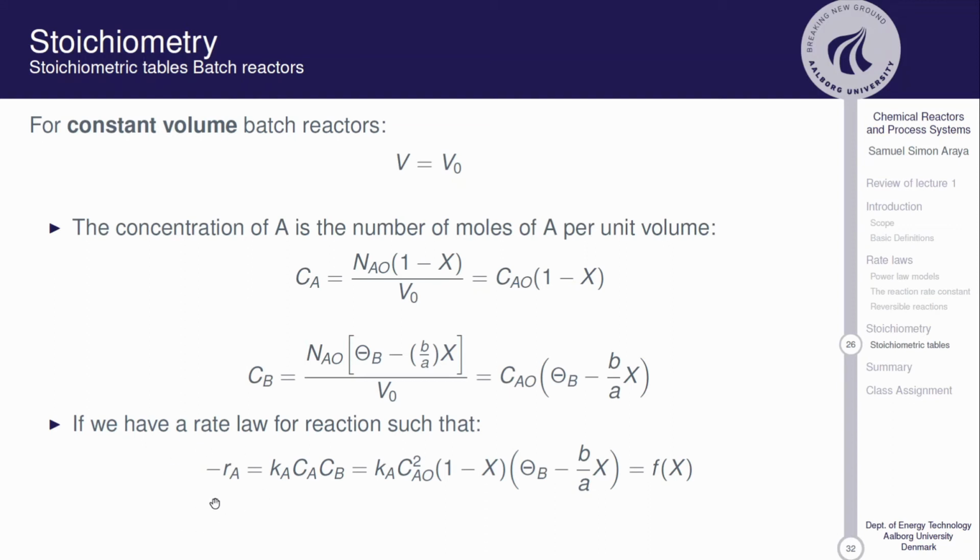And then we have the rate law for the reaction. The rate of disappearance of A is a rate constant k times Ca Cb, and if we express Cb in terms of CaO, we can just replace Ca and Cb here, and then we have basically this function here, which relates our rate of reaction in terms of conversion and the initial flows into the system.